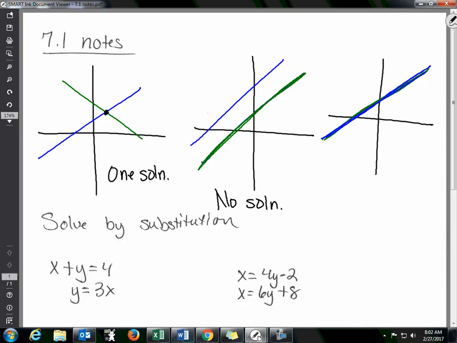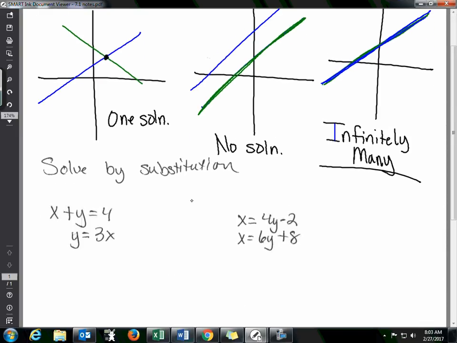So this is considered infinitely many. These are the three types of solutions that you could get when solving a system. By and large, actually all of the problems that you'll do today, you'll get one solution. You should get one solution. If you didn't, then you made a mistake.